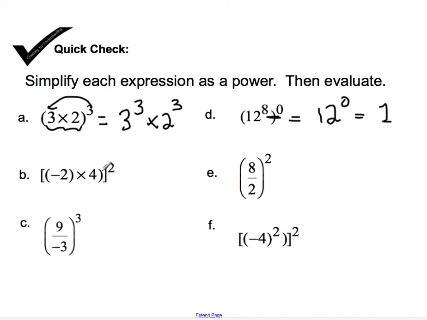In B, once again, we have two bases. We're multiplying them together. It must be multiplication. So -2 has to be in brackets, times 4 to the 2.